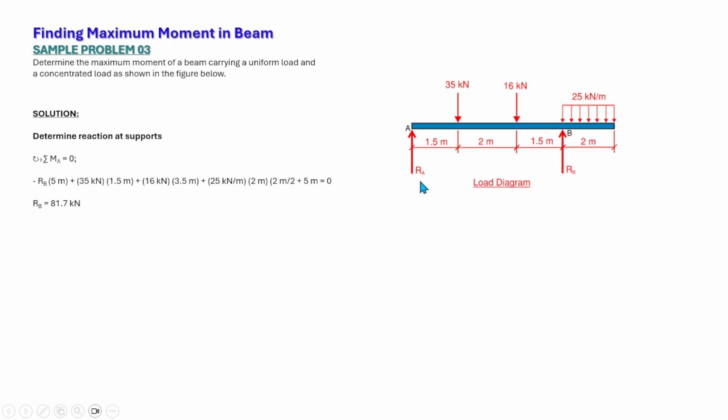Now we need to determine the reaction at point A. By summing up forces along the y-axis equal to 0, we have 81.7 kilonewton, which is the reaction at support B, plus RA minus 35 downward load, minus 16 kilonewton, minus the 25 kilonewton per meter uniform load times the distance of 2 meters, equal to 0, and that gives RA equal to 19.3.